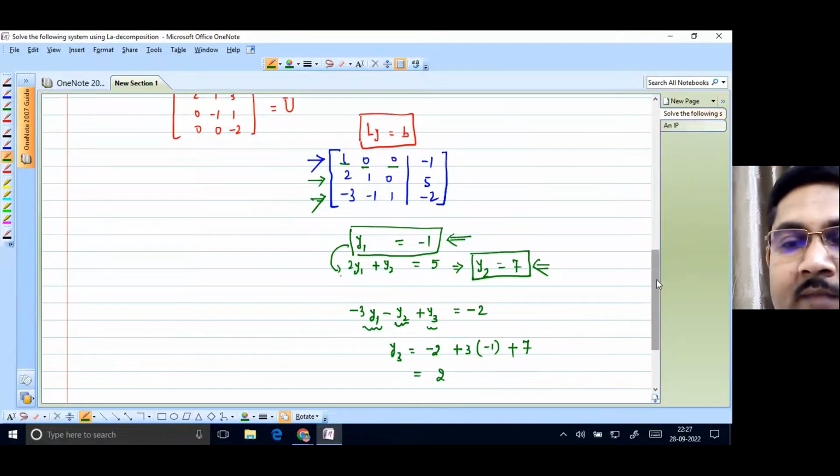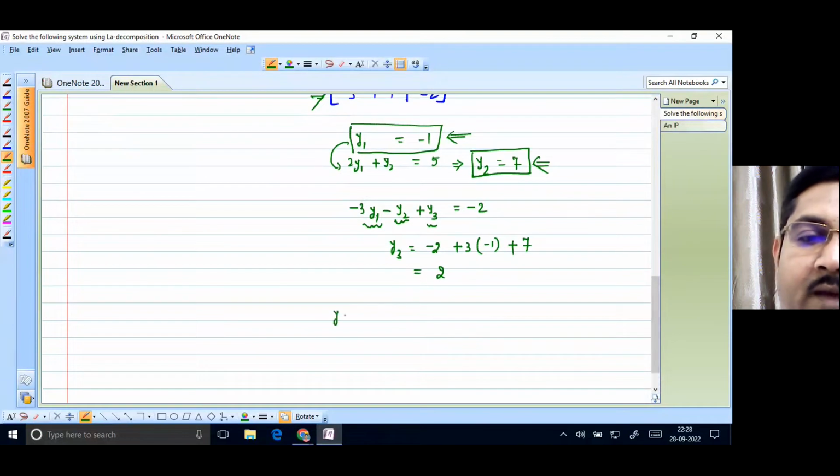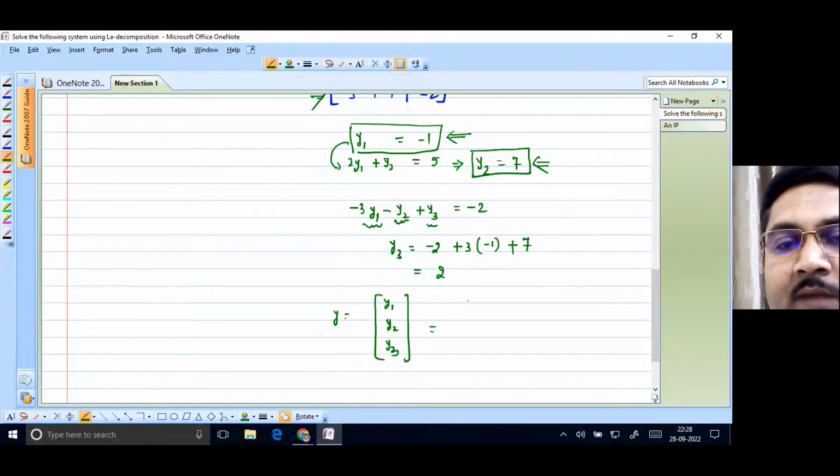So I got my y. My y is y1, y2, y3. y1 is minus 1, y2 is 7, and y3 is 2. So you can see I have obtained the values of y.